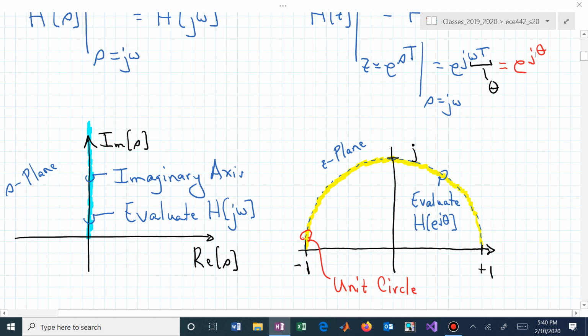But that means the frequency response for H of z is determined by evaluating H of z around the unit circle, starting at z equal to +1 and marching around in angle theta, from theta equal to 0 all the way up to theta equal to pi, taking us over to -1. So we might think of -1 being a high frequency.